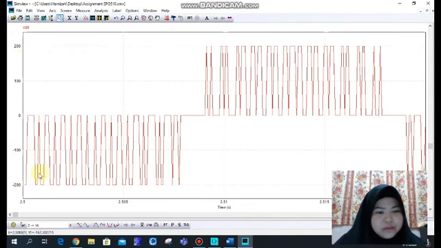This means that this waveform is a three-phase waveform because it has a negative cycle and positive cycle. So that's all from me. Thank you.